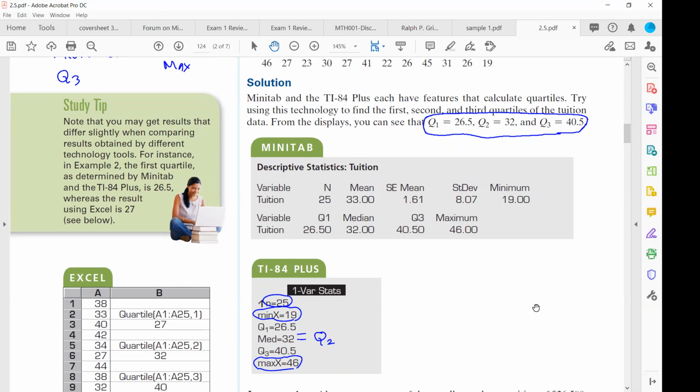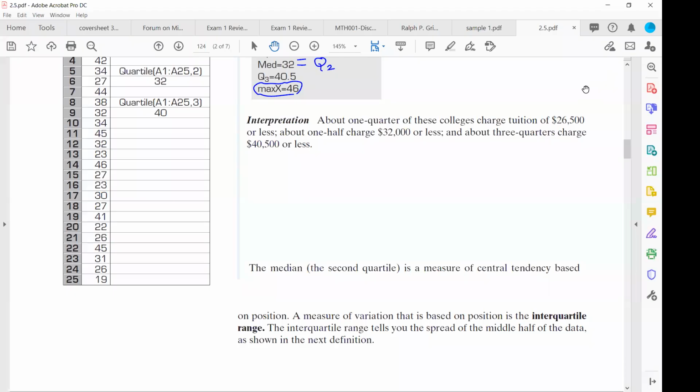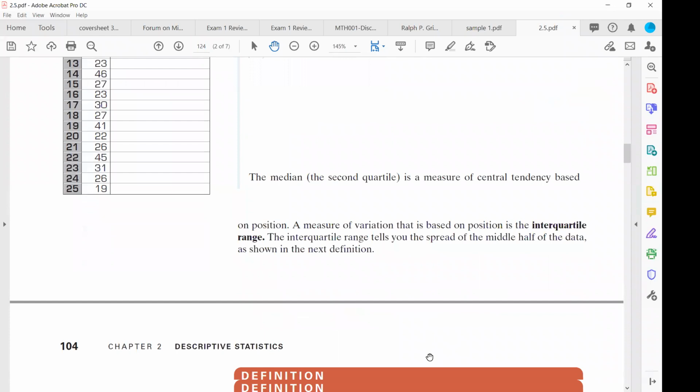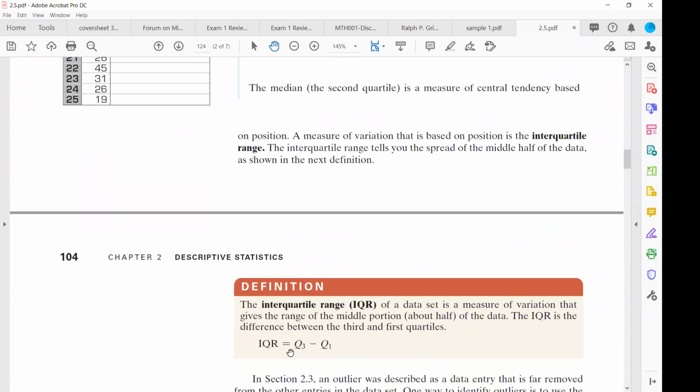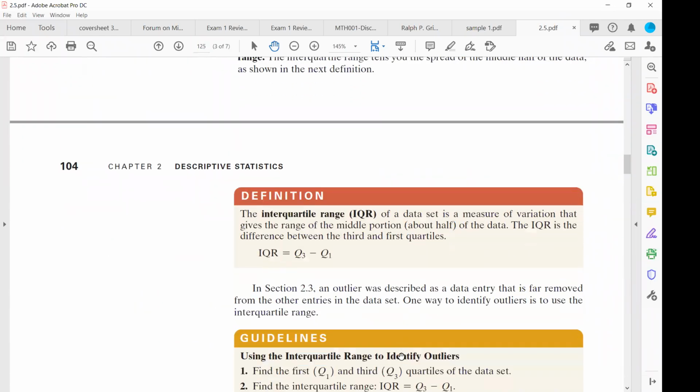Any question about your calculator? Here's a definition for you. Interquartile range. The interquartile range is actually the difference between your third quartile and first quartile.